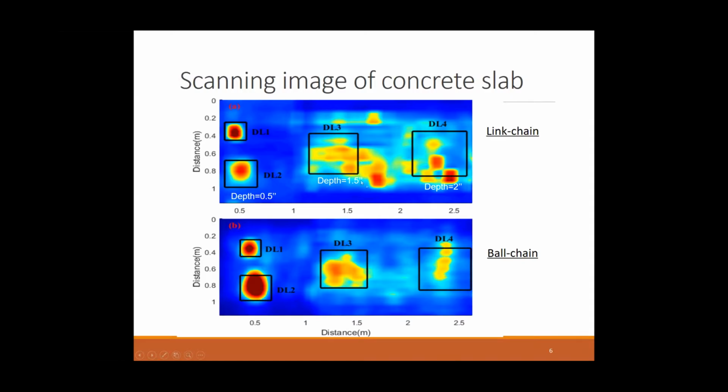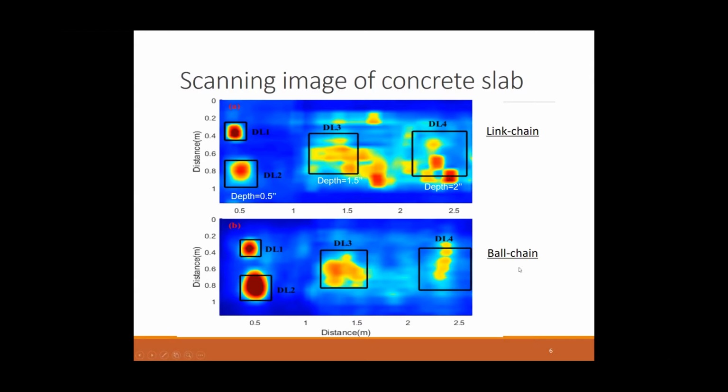And because of the rough surface concrete, it causes some false positive results. Then for the deep delamination, it becomes really hard to find, either by human ear or from the data. It's really difficult to detect the deepest one.